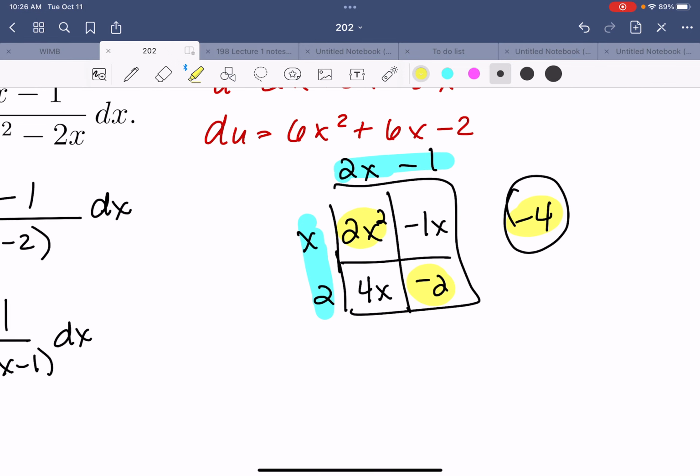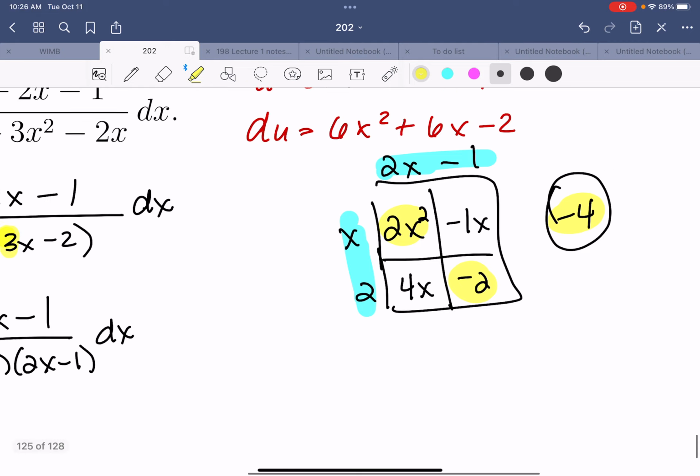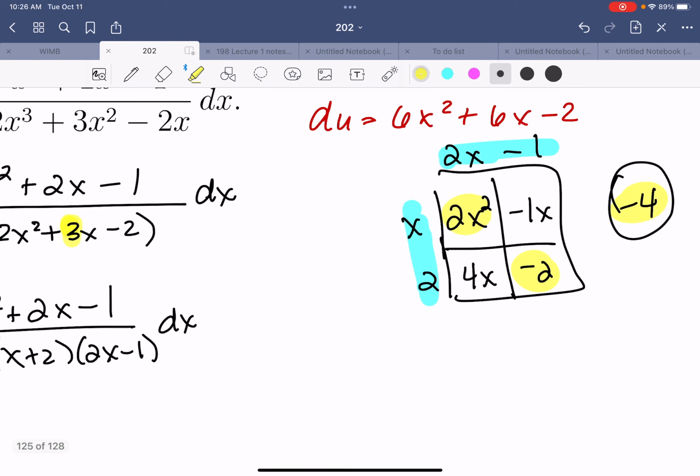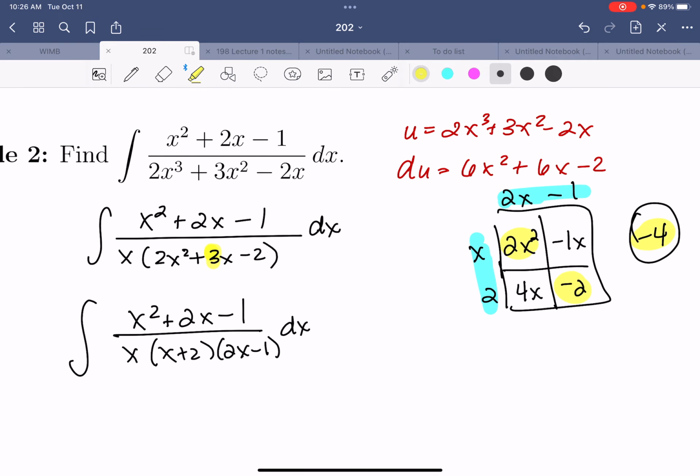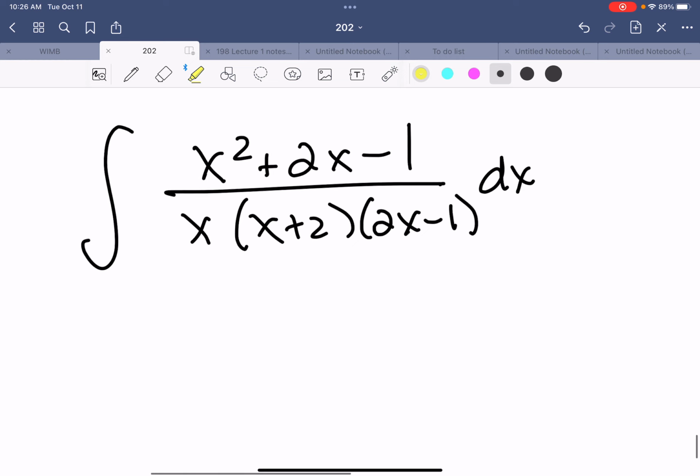I put them in the two empty spots in my boxes, each with an x, and then you factor the box. Okay, so you take out what's in common, make sure that it works battleship style, right? So 2x times x is 2x squared, 2x times 2 is 4x, negative 1 times x is negative 1x, and negative 1 times 2 is negative 2. Okay, and then your factors are those things that are along the outside. Okay, so that's how I get this.